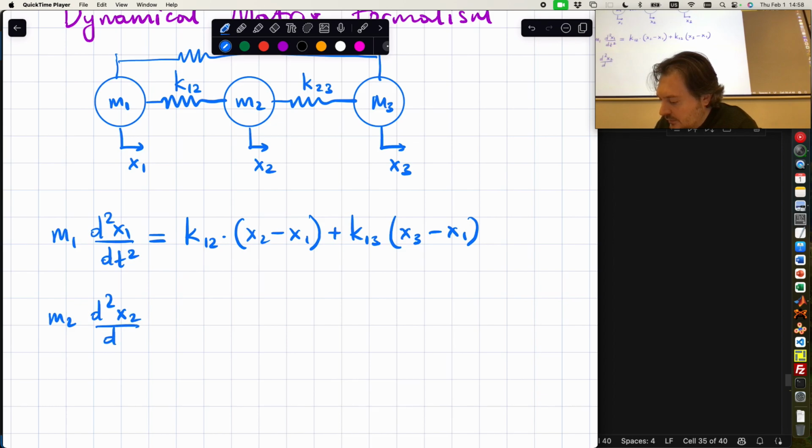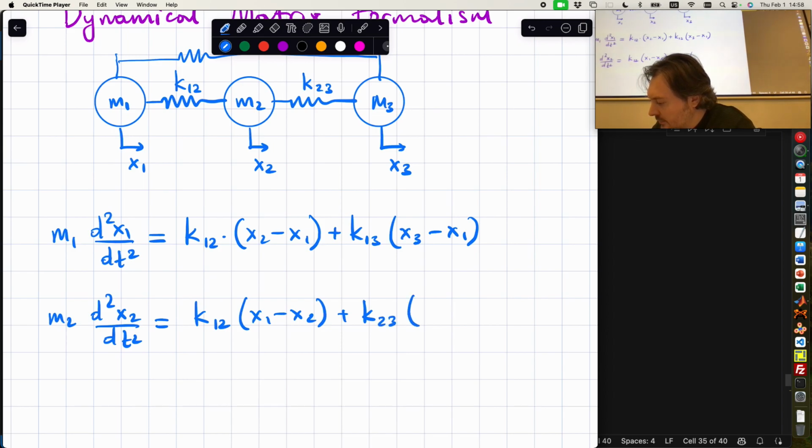M2 d squared x2 over dt squared equals K12 times x1 minus x2, plus K23 times x3 minus x2. You see, I'm not even thinking whether I should write x2 minus x1 or x1 minus x2. I always think that x2 should have negative. Okay?